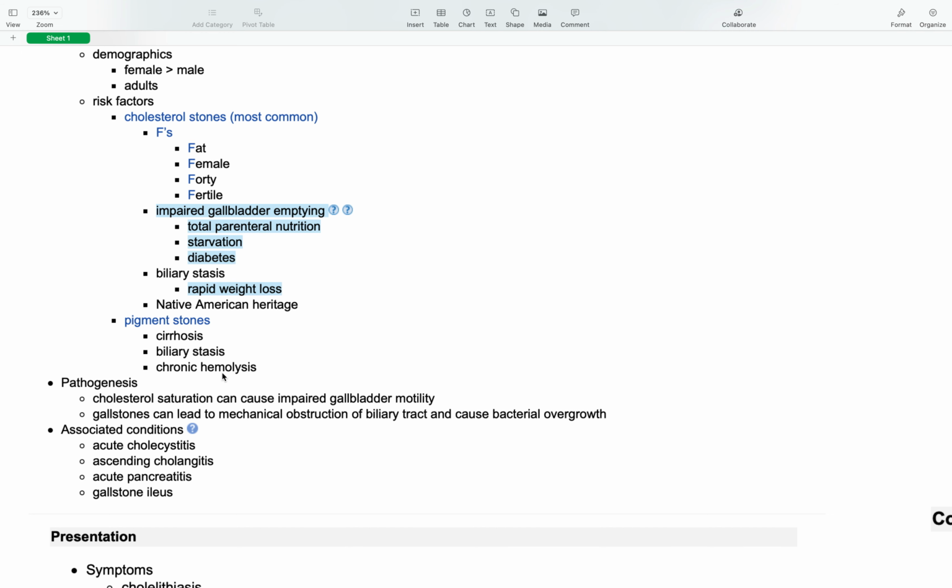A very common classic question is hereditary spherocytosis. Patients present with cholelithiasis, so remember that those patients chronically undergo hemolysis and can present with gallstones.